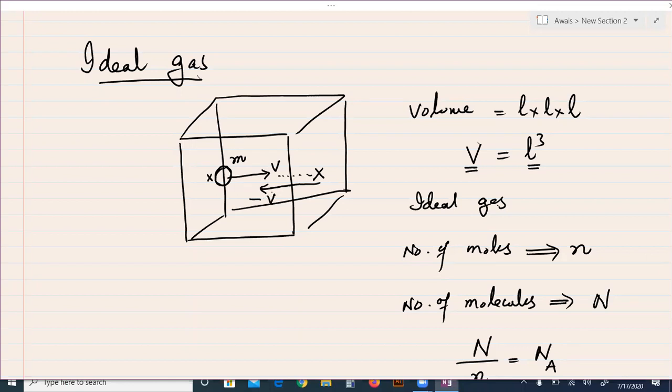So the velocity is minus v, and this molecule reaches back to this point. So one molecule travels from one wall, collides with the other wall, and then goes back to the original position, the first wall. So this is actually the distance covered by one molecule for one collision.